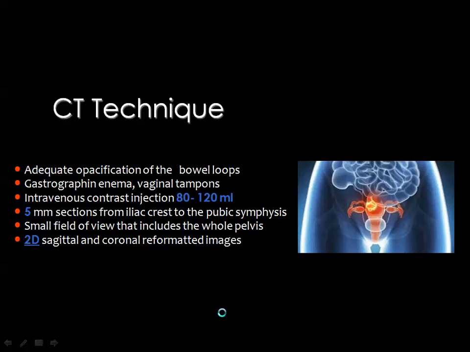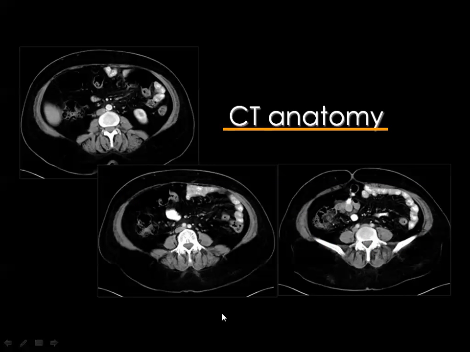This is the regular anatomy of the pelvis, and we start almost near the iliac crest, where we do not usually see anything apart from the bowel loops, and we can see the inferior part of the left kidney, as in this case, and also the inferior part of the liver.